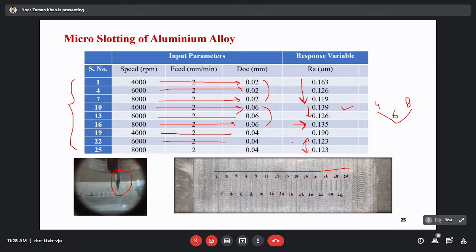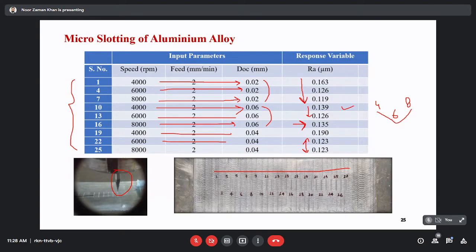It means that from these 9 experiments, what do we conclude? We conclude that at 20 micrometer depth of cut, the effect of RPM on the surface roughness is significant rather than the effect on the tool wear.